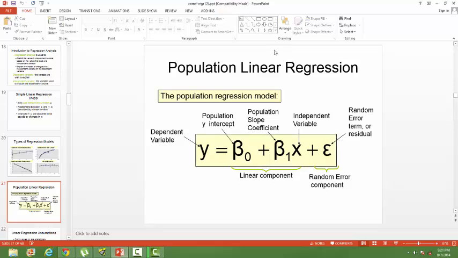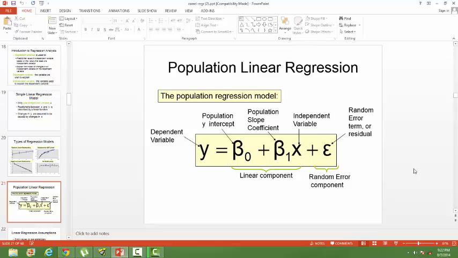We call this equation a population linear regression. Why population? Because we deal with the population data, the whole data. And there is something called sample data. We sample it. It's not always possible to take the entire population and do the modeling. So in most cases we will only have the sample data.